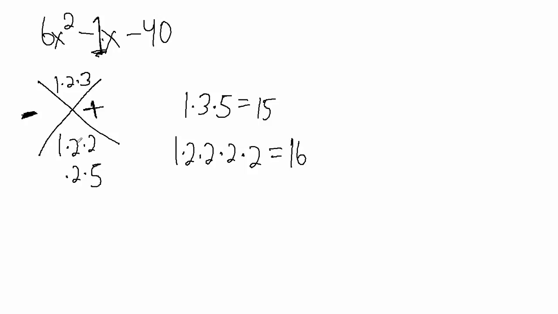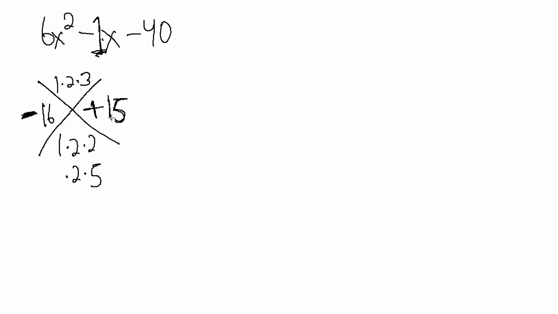So if we do minus 16 and then plus 15, that's actually going to give us what we want, because minus 16 plus 15 gives us -1, which is what we're looking for when we add these two numbers together. Okay. So again, potentially a lot of guessing and checking there, but just in the interest of saving time in the video, we're going to skip all the guessing and checking and conveniently guess the correct answer there first.